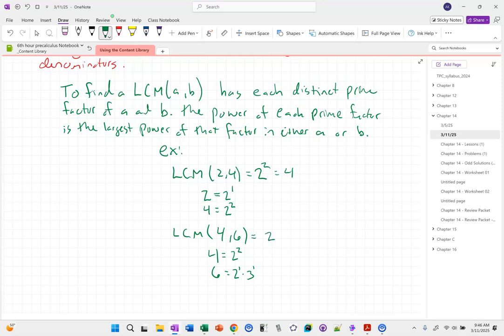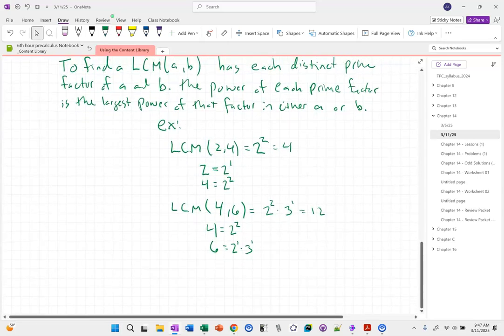So my least common multiple contains the factors 2 and 3, the distinct primes. The power of 2 should be to the second, because that's the biggest power of 2. The power on 3 should be to the first, because that's the biggest power of 3. So the least common multiple of 4 and 6 is 12.